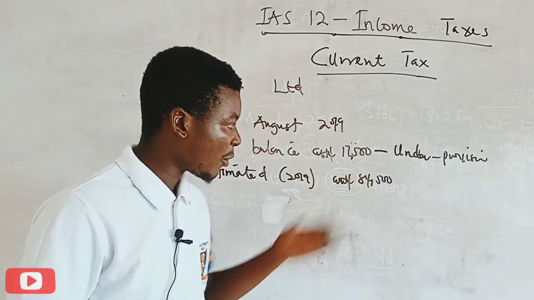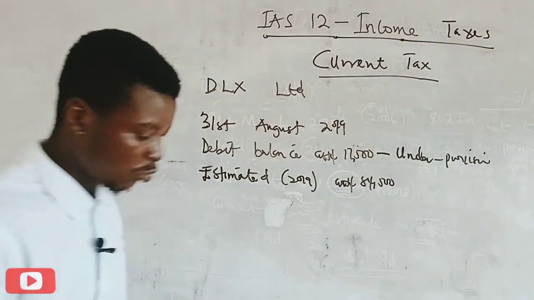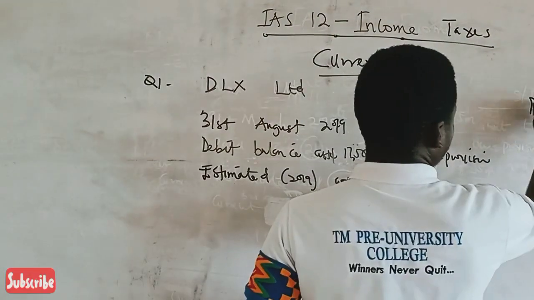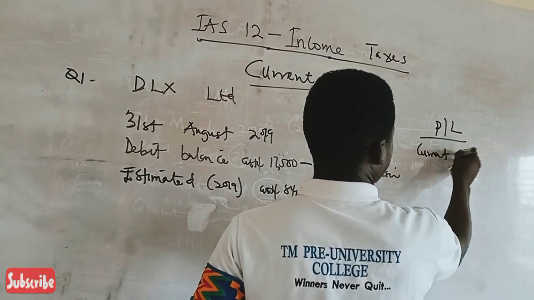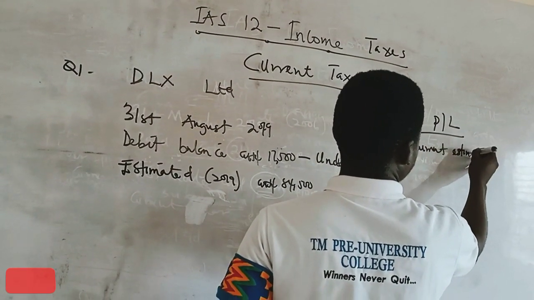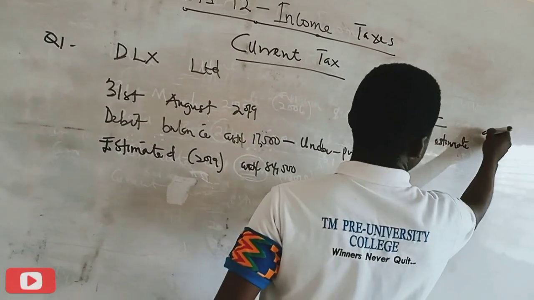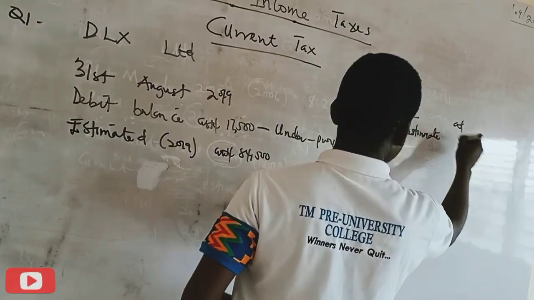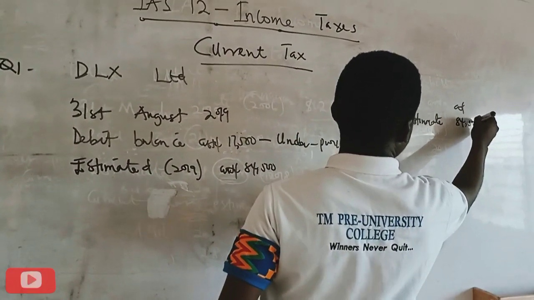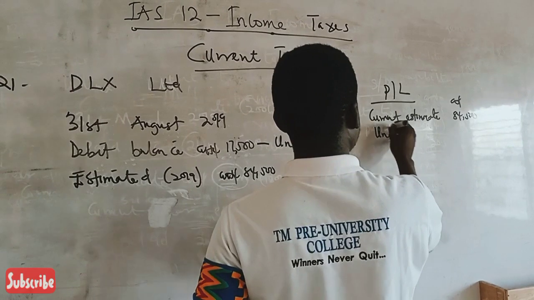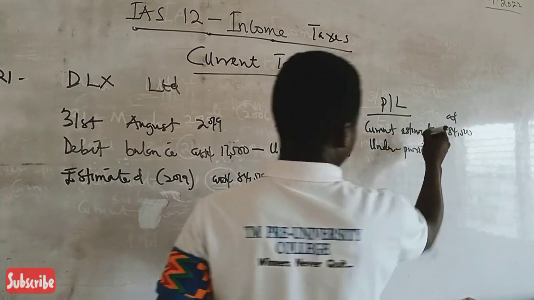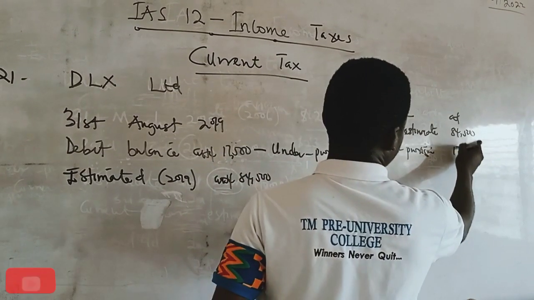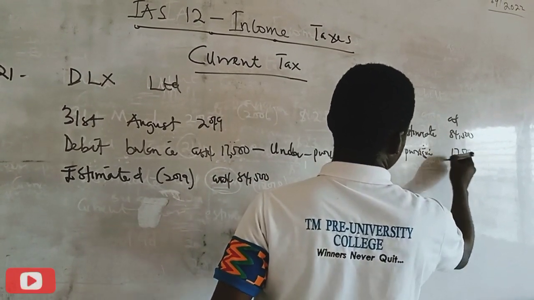But how are we going to account for this? Which figure will go to the P&L account? In the P&L account, we have the current estimate of 84,500. Then what will happen? Under provision means that we subtracted less than we should. So we come and add this one to it.